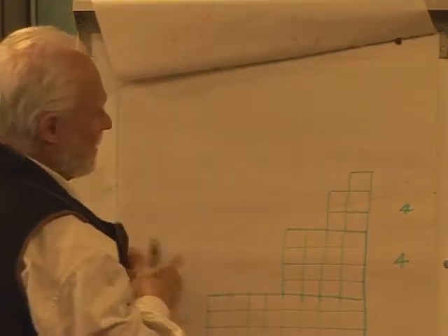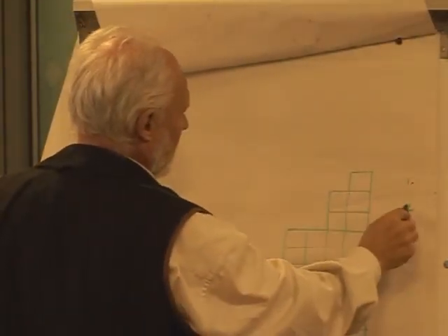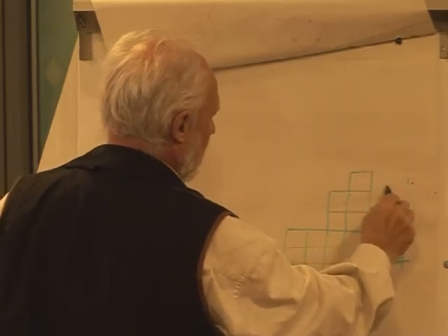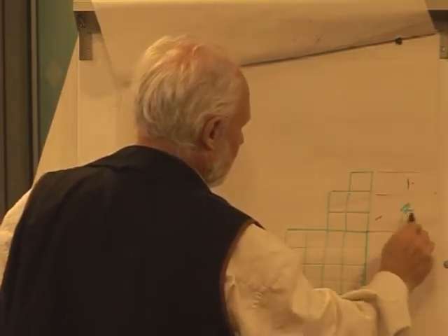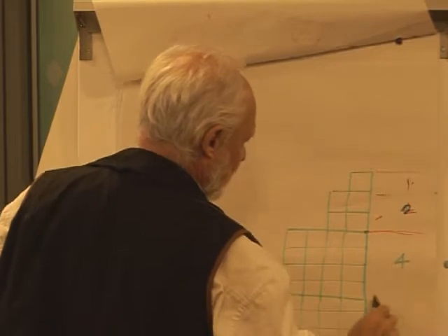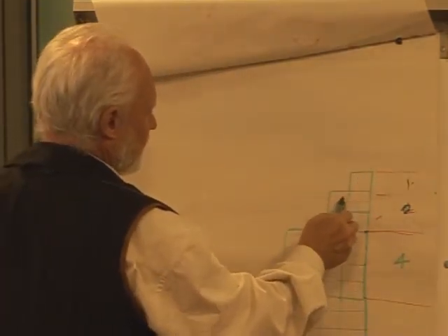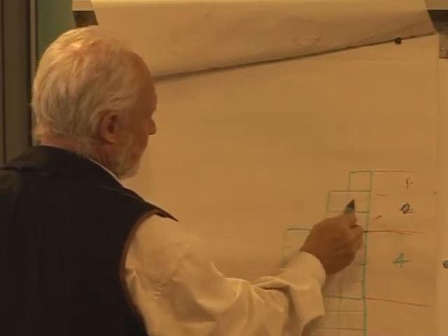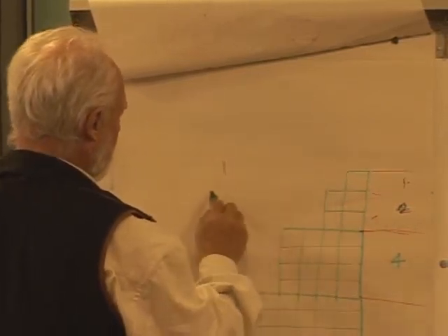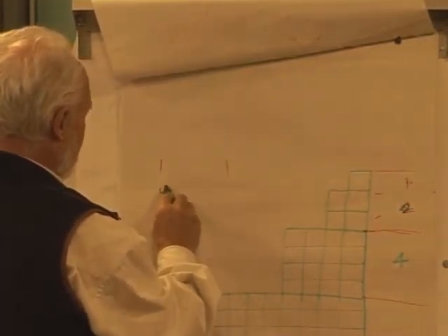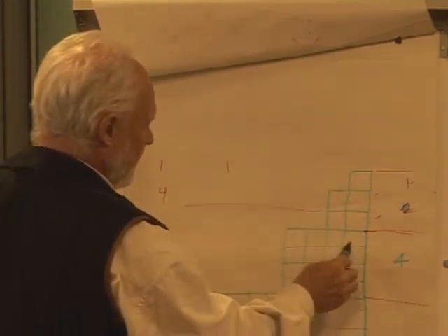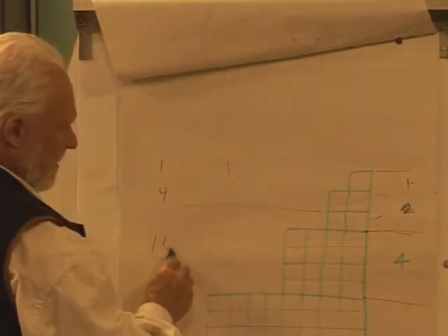Now, what we've got here is this is 1, this is 2, and this is 4. That's where I got to. And this is really 1. This is 1, and this is 4. There's 1 and 4. This is what you said, 16, right?